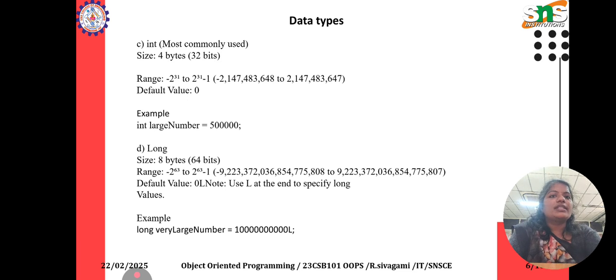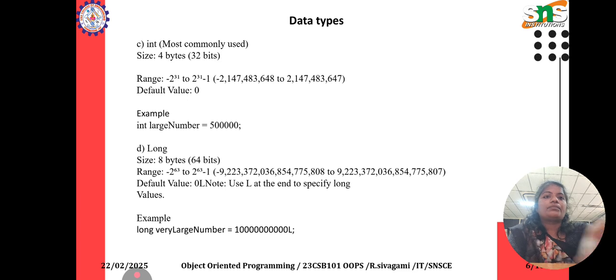The next one is int. The most commonly used data type is int. Its size is 4 bytes, and its ranges I have given; you have to check it. Then long is 8 bytes. The long data type can store 8 bytes of values. The default value is 0.